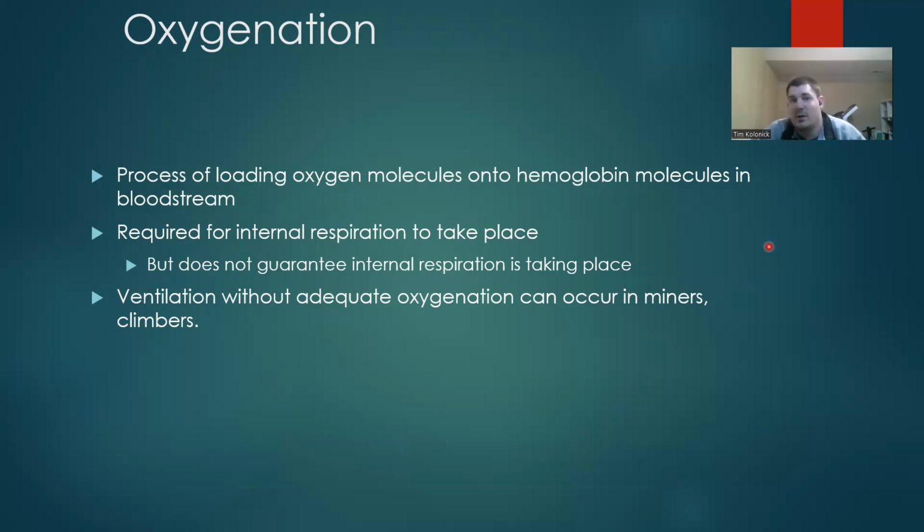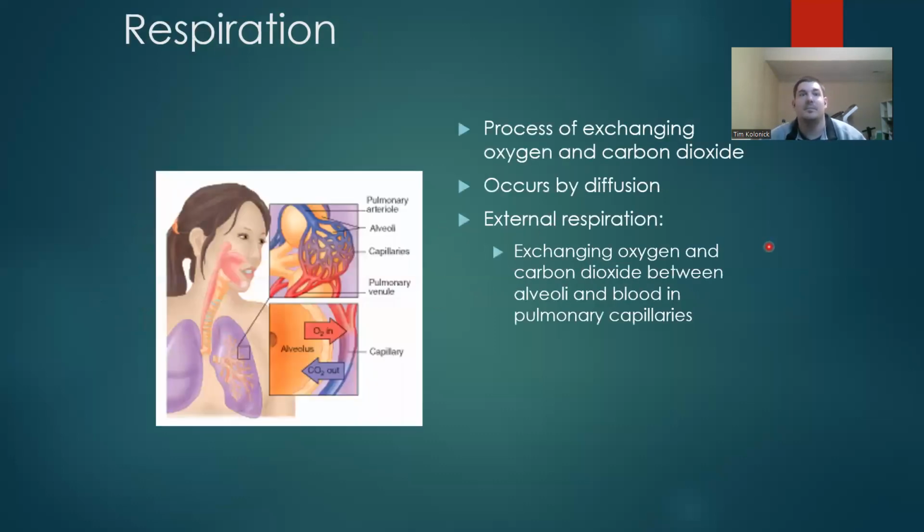So that's where your patient's breathing okay, but they're still potentially turning blue, or in the case of CO, maybe turning red, right? So they're breathing at an okay rate. They're just not getting the oxygen onto the bloodstream and the hemoglobin. So we're having issues with getting respiration happening. Usually happens in miners or climbers where there's low ambient oxygen in the area.